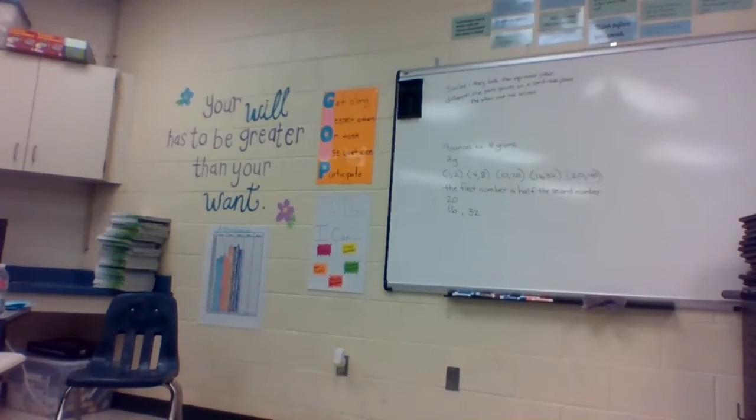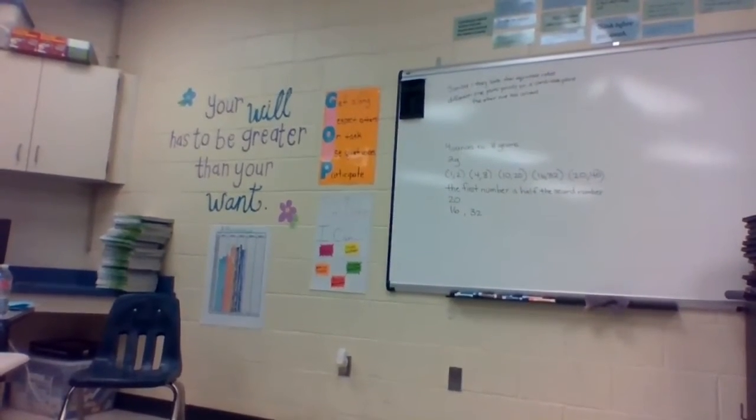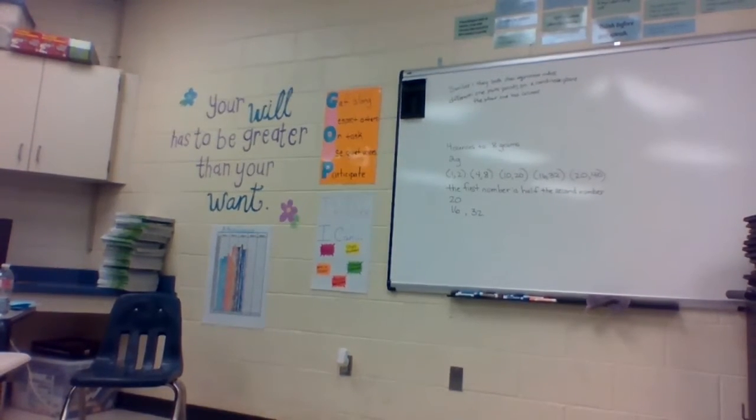All right. So what is the ratio of the baskets he made versus the baskets he missed? 2 to 3. Okay, 2 to 3. He made 2, he missed 3. That's one ratio. What is the ratio of the baskets he made to the total baskets? 2 to 5.